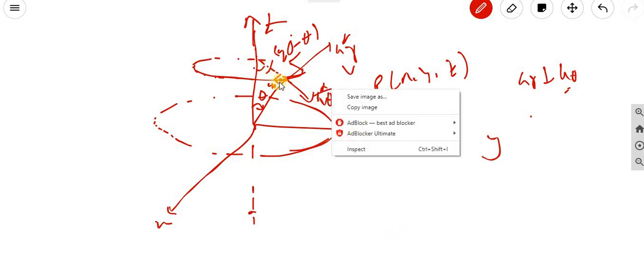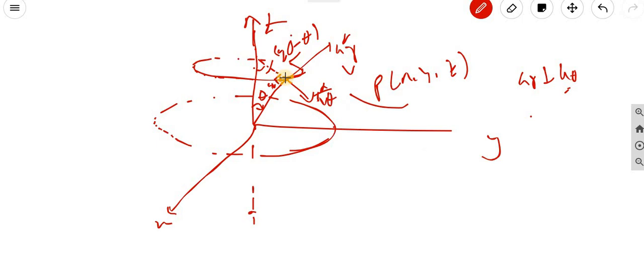So in the same way, here also we get this component and this component, with the hypotenuse and angle 90 degrees minus theta.